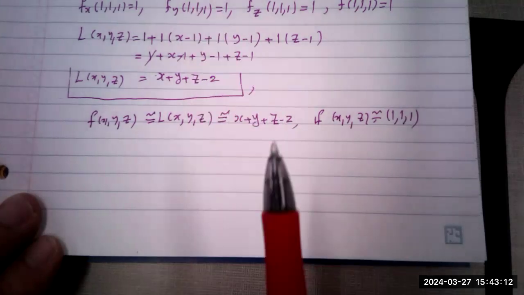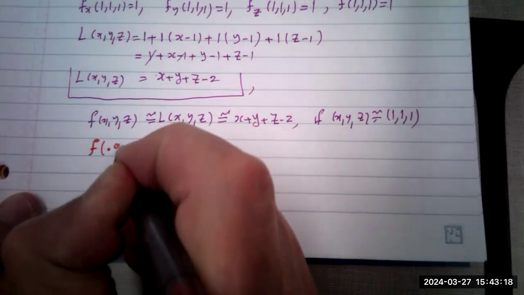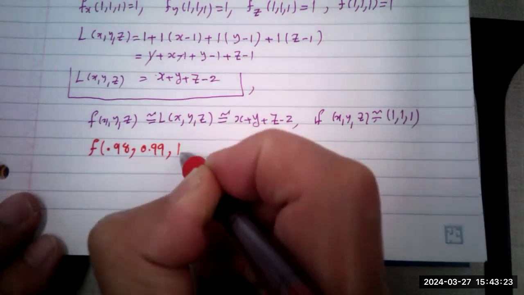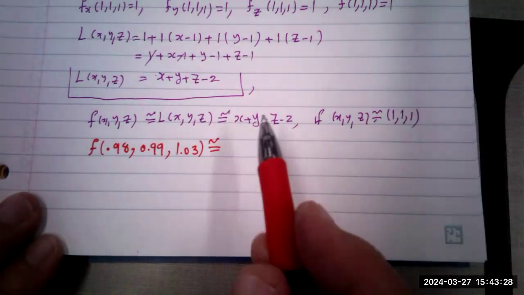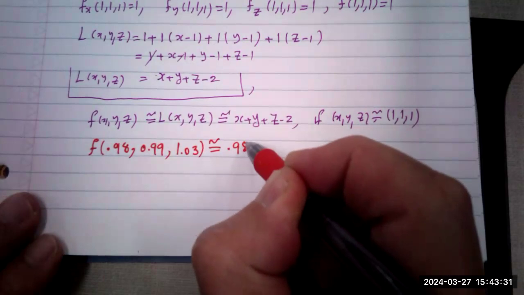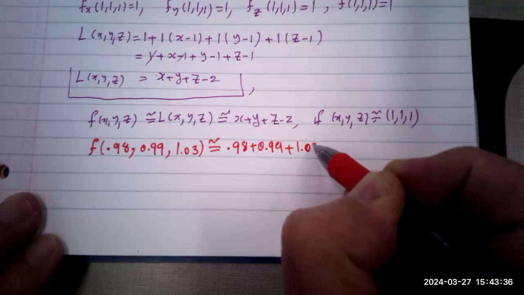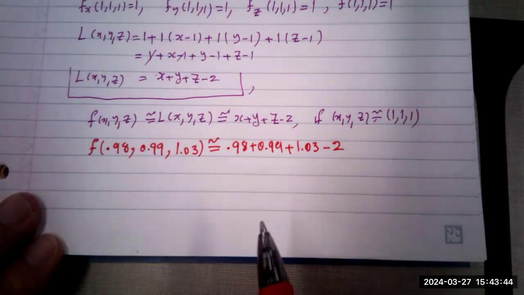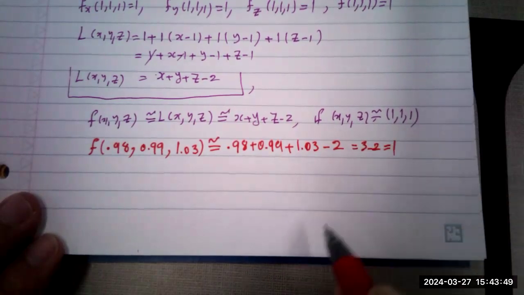Now the point that you have is what? 0.98, 0.99, 1.03. Now you substitute. So f of 0.98, 0.99, 1.03 is almost 0.98 plus 0.99 plus 1.03 minus 2. If you add them together and simplify, that gives you 3 minus 2, which is equal to 1.